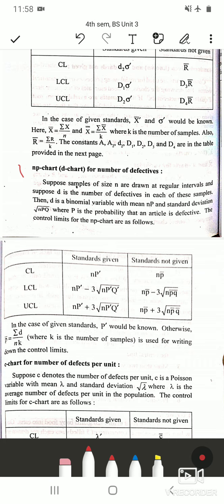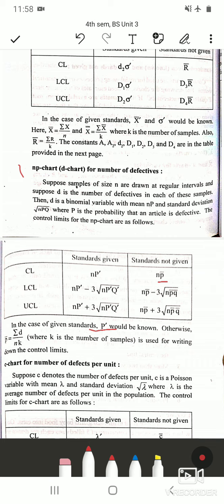Then when standards are not given, you have to calculate p bar. So that will be your central limit, that is n into p bar, the mean. The lower control limit will be mean minus 3 times the standard deviation. So you have to construct what p bar and q bar are. And the upper control limit will be n p bar plus 3 times the square root of n p bar q bar. When standards are given, p dash will be known.